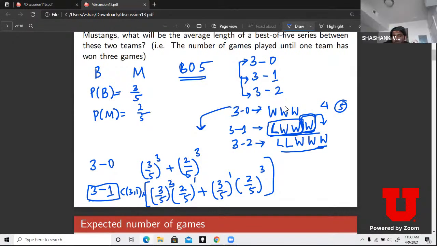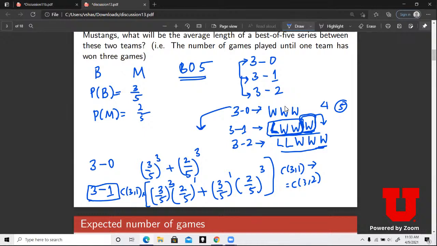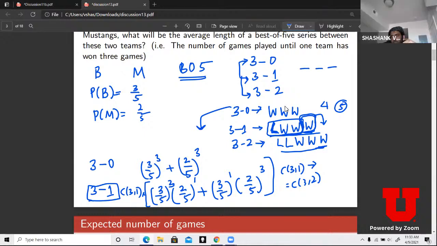It wouldn't change, because mathematically C(3,1) equals C(3,2). Placing this loss in any one of the 3 positions is C(3,1). And how can you place wins in 3 places? That would be win, win, loss; win, loss, win; or loss, win, win. This is basically putting the loss in any of the 3 positions. So it's equivalent.